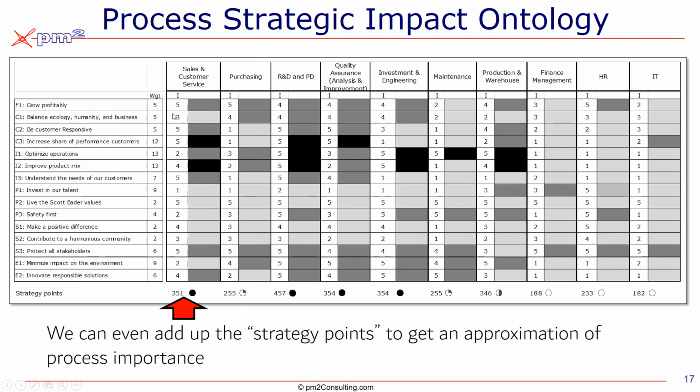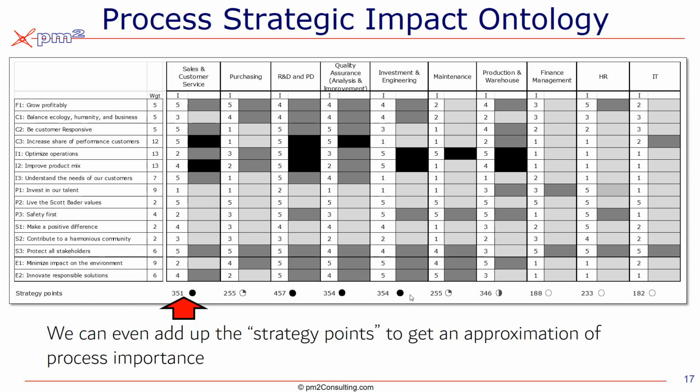We can add up the score of multiplying weighting by impact down the column. And this process, for this strategy, for this client, sales and customer service added up to 351 strategy points, whereas finance was 188 as an example. And so the Harvey balls help us identify where the supercritical processes are for this strategy.